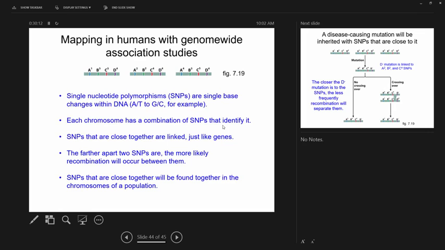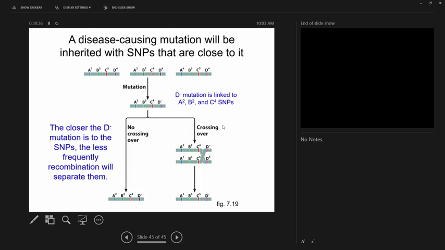And by comparing the recombination rate of a certain disease allele to a bunch of SNPs, you can find out which one it's closest to. And all of these single nucleotide polymorphisms are on the physical map. That's the coolest part. They are right there on the physical map, so you know exactly, or pretty close to, where your gene's going to be. All right, so look at this case.